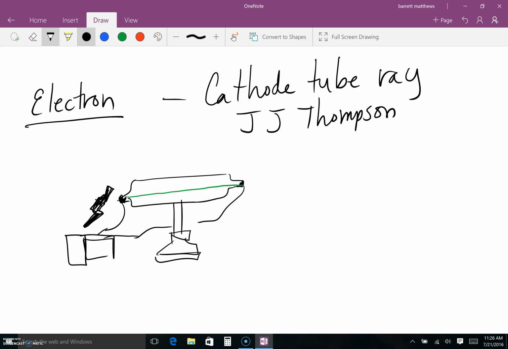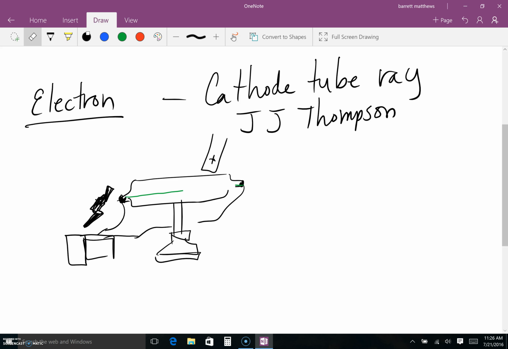They did not know exactly what this beam was made out of, and so they went through a series of experiments. First, they used a magnet because they thought it may be some kind of charged particle.